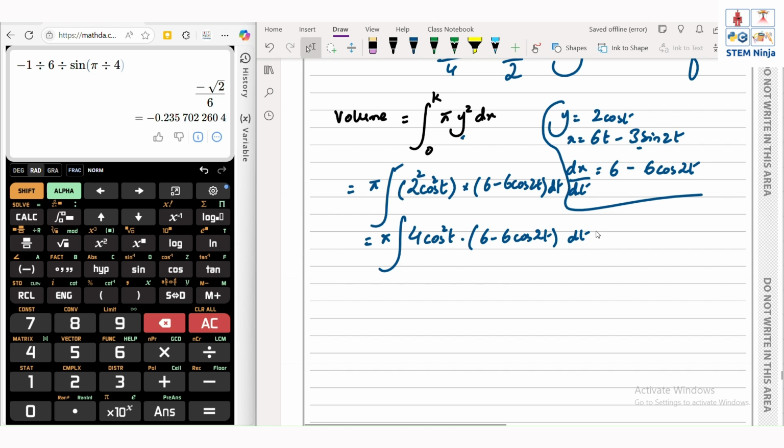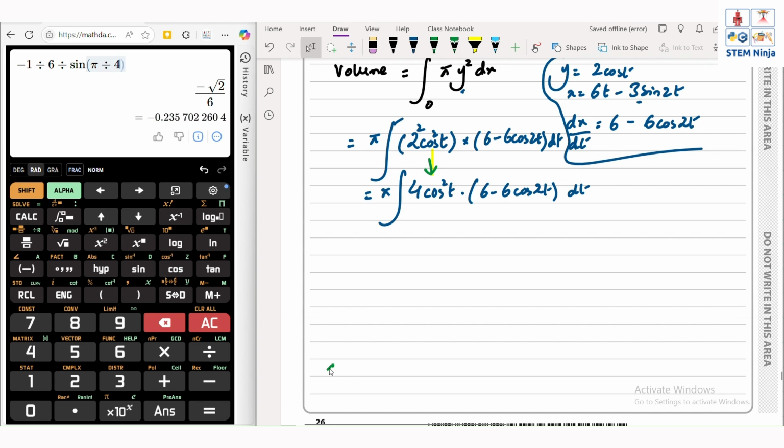We will figure out the limits later. Now obviously we can't deal with the squared term, so we will have to convert it into its double angle form. That cos squared t can be written as 1 over 2, 1 plus cos 2t. So that's what we are going to replace it with.